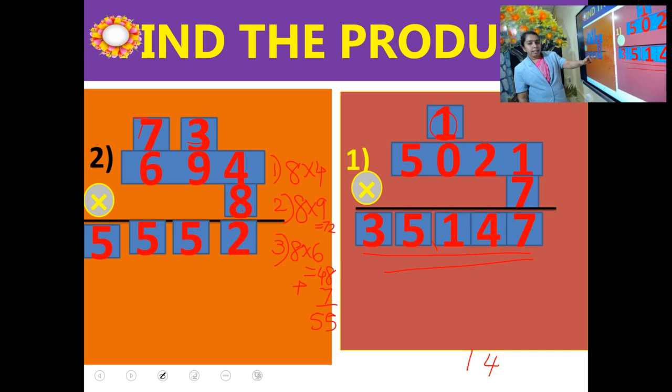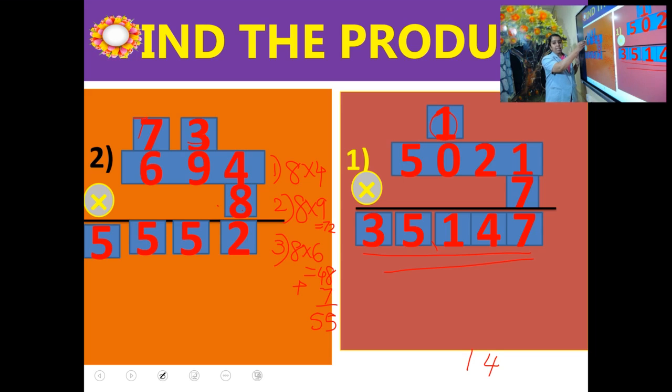How do you write? First multiply 4 8s are 32. 2 in the ones place. 3 is a carryover to the tens place. Then second step, 8 9s are 72. In 72 we have to add the carryover. 72 plus 3 is 75. 5 you write just below the 9 in the tens place. And 7 is the carryover. Third step, 8 6s are 48.